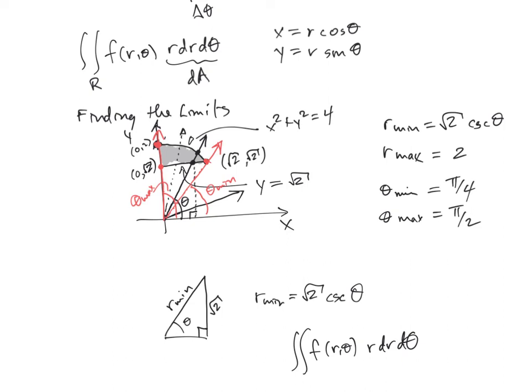So r goes from root 2 cosecant theta to 2, and theta goes from pi over 4 to pi over 2. And then we solve the integral, okay?